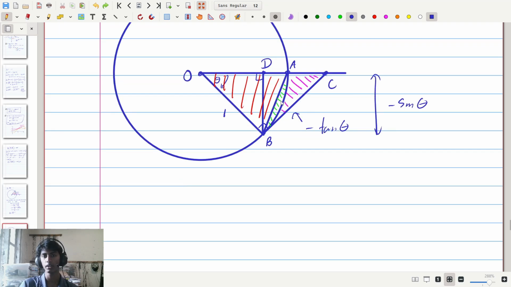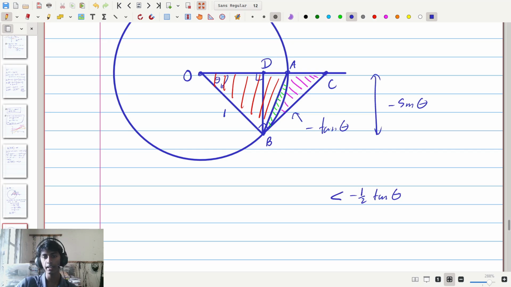So then, what are these areas? Well, this length is negative tan theta, this length is 1, these two are perpendicular to each other, so this triangle OCB is a half into base into height. So this is equal to half into base, which is 1, then the height is negative tan theta, so this is half tan theta times a minus 1.